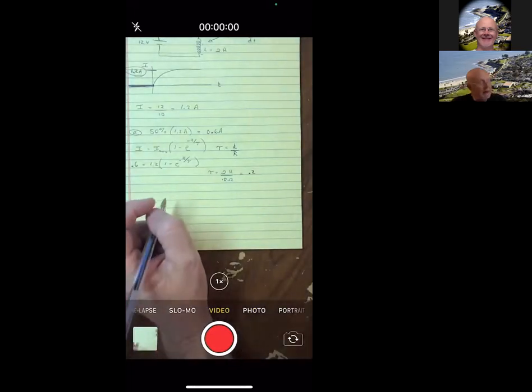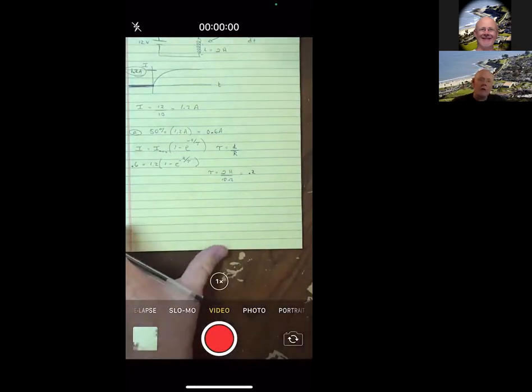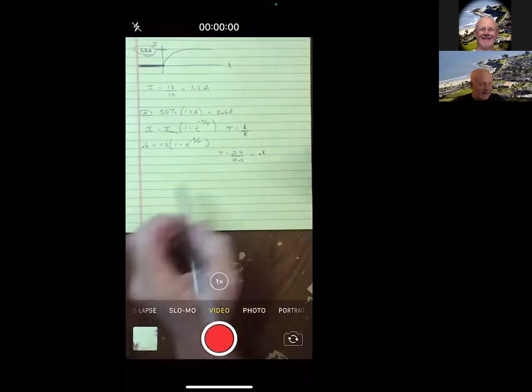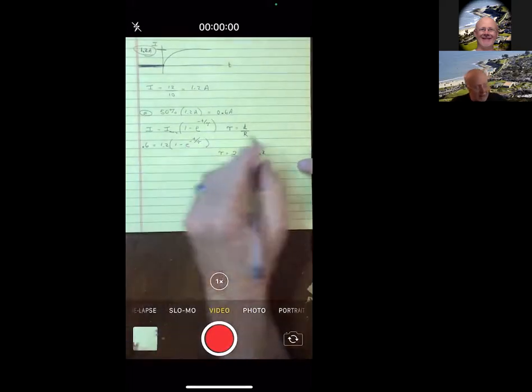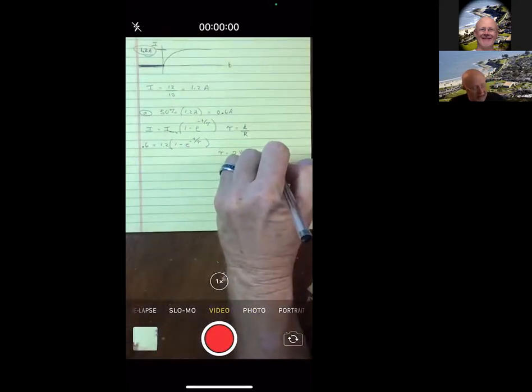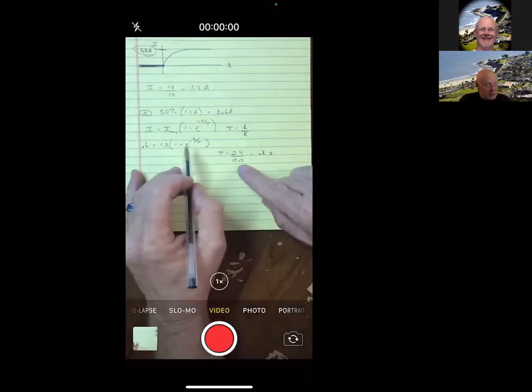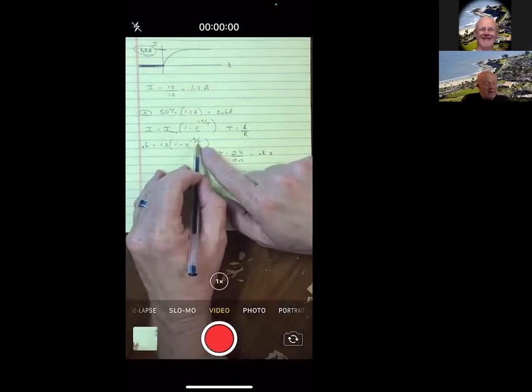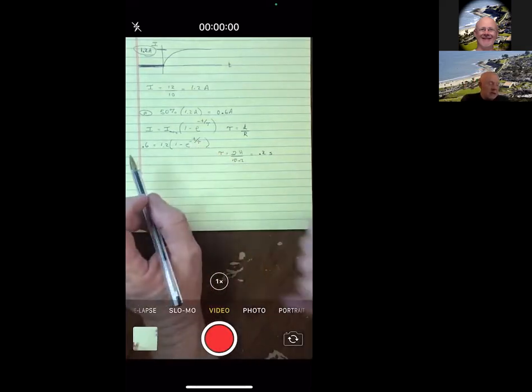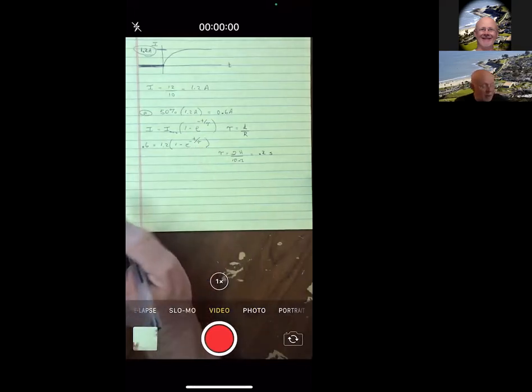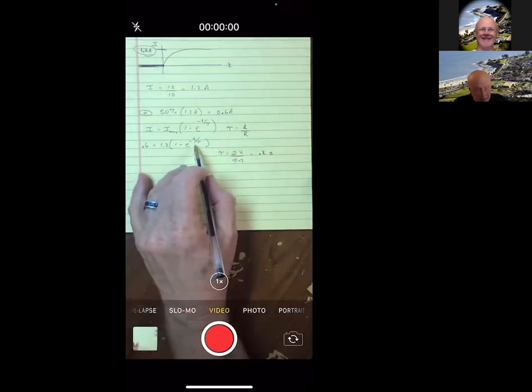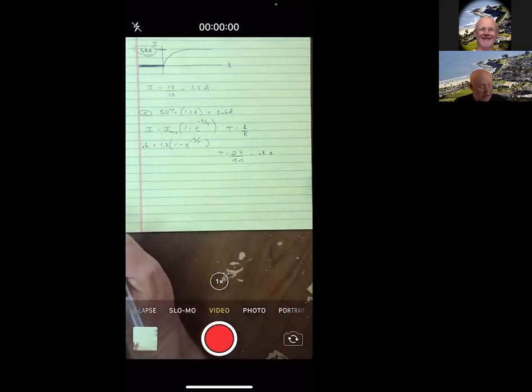Now I should say very clearly that the units must come out to be in seconds, because we have to have no units up in the exponent to actually calculate it.